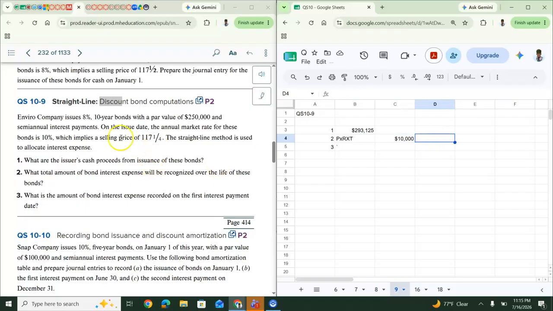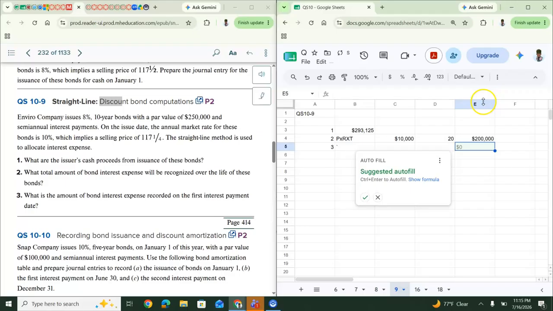And so because this one is 10 years, that will be 20 periods of payments. So twice a year for 10 years is 20. And if you multiply this 20 by the 10,000 interest for every 6 months, you're talking about interest costs of 200,000 over the 10 years.